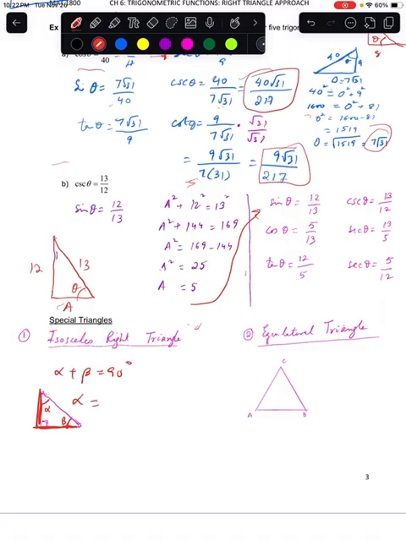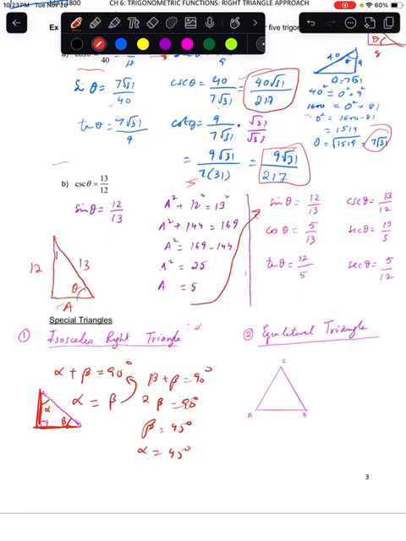Because the sides are the same, so the opposite angles will be the same. So if you replace alpha by beta in the equation here, we get beta plus beta is 90 degrees, so 2 beta is 90 degrees, so beta is 45 degrees. 90 over 2 is 45 degrees. So then alpha is also 45 degrees.